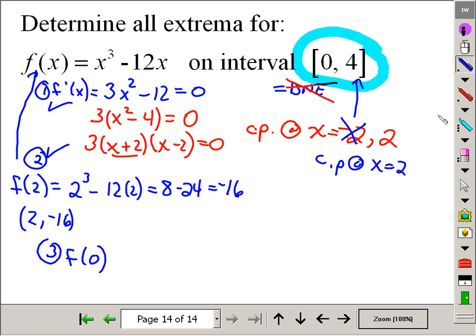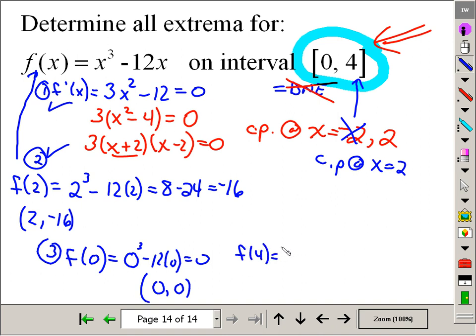For step 3, we have to figure out f of 0, because my endpoints are 0 and 4. So f of 0 will be 0 cubed minus 12 times 0, which is 0. So I have a point of 0, comma 0.